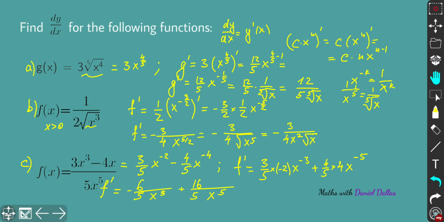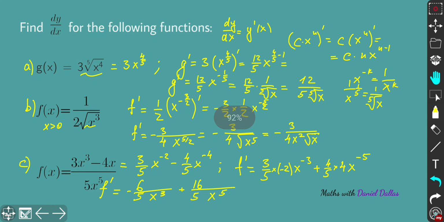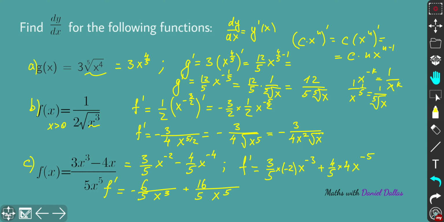So we can do the following. If you want to rewrite this with a common denominator for f prime, you can write the following. The common denominator in this case is going to be 5 x to the power 5, okay. x squared goes there, so it's going to be 16x squared.